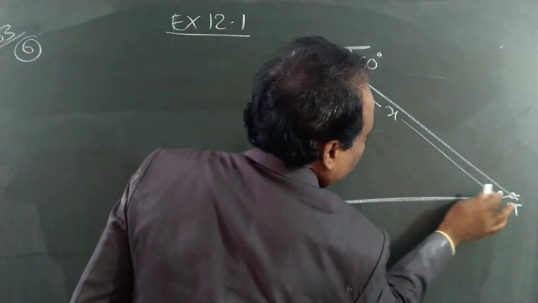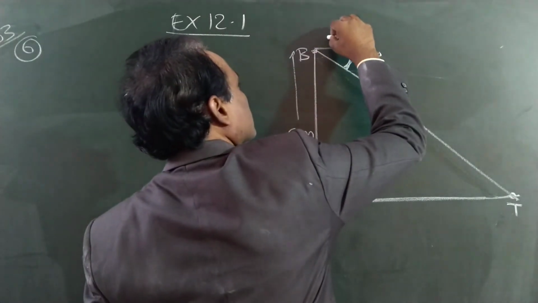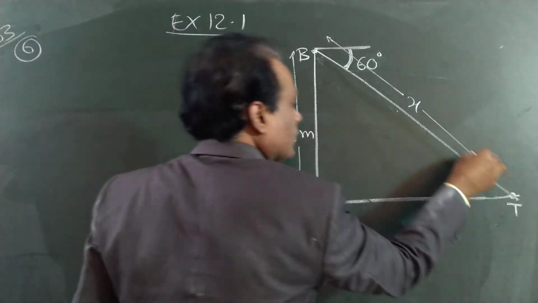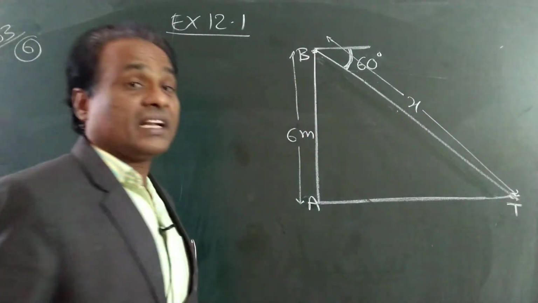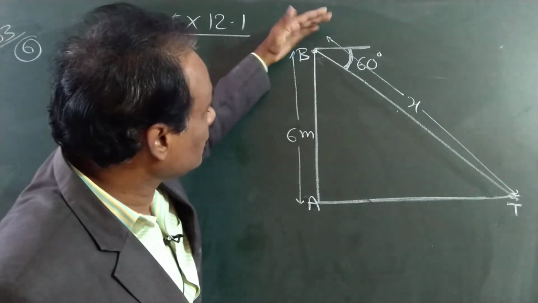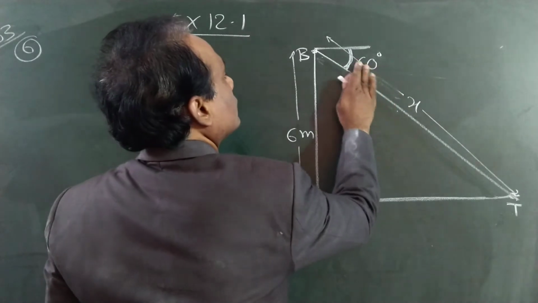What is this distance that we have to find? This distance you have to find, the distance from you, that means the person, to the target.